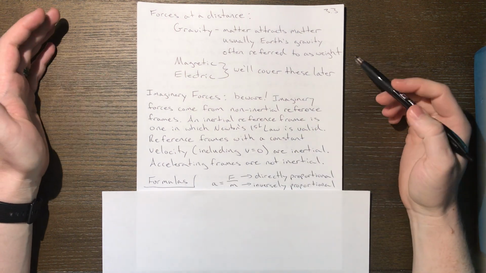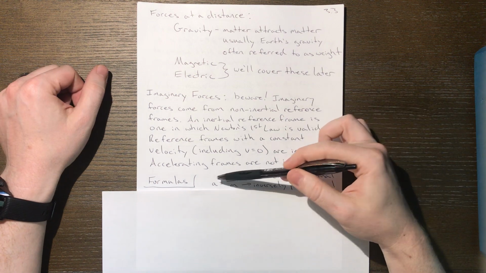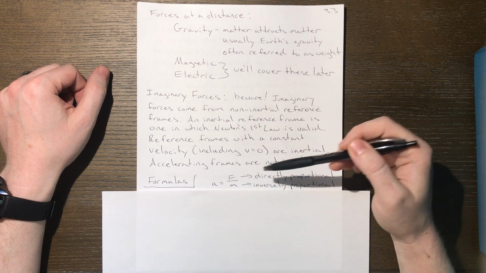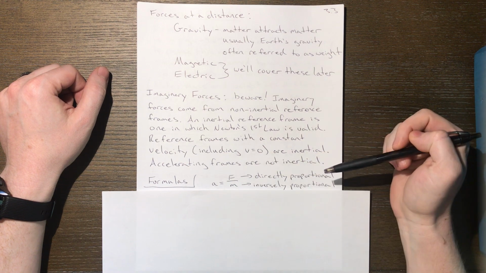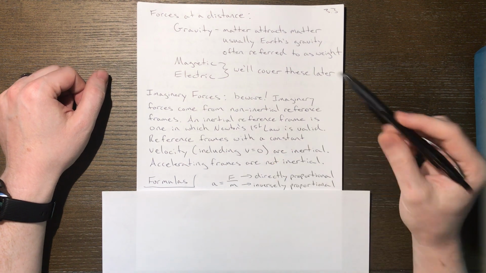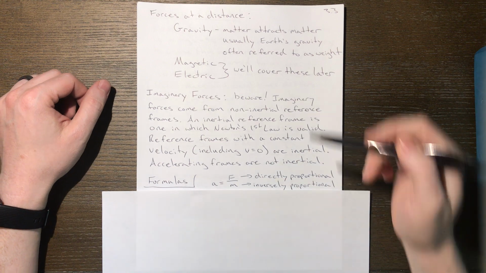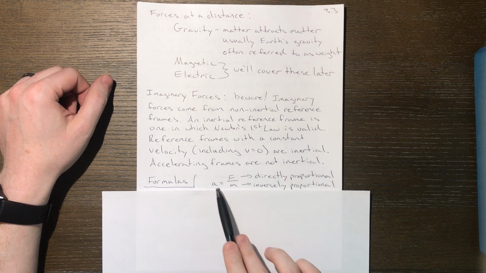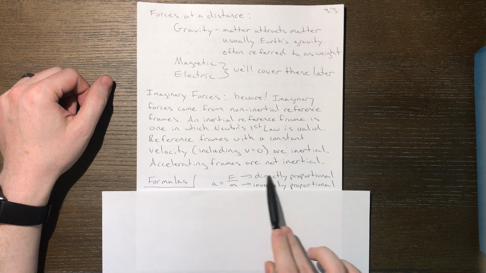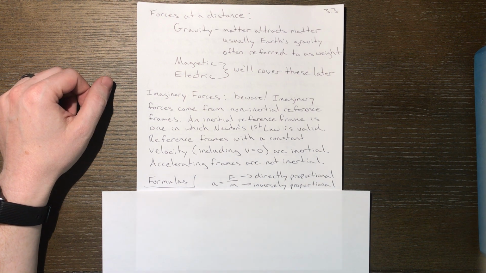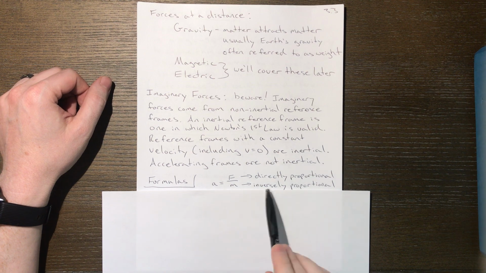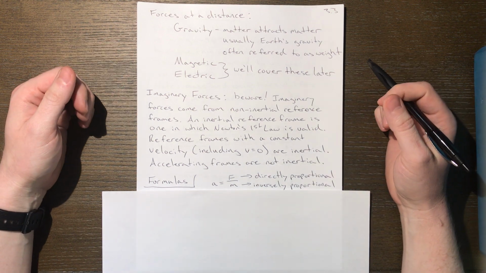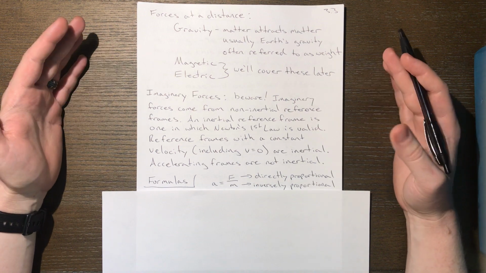And inversely proportional to the mass. So the mass is on the other side of the equation, but on the bottom. So if the mass were to increase, it would decrease the acceleration. Now, this relationship, the type of relationship between A and F, directly proportional, and the type of relationship between A and M, inversely proportional, these types of relationships will show up again and again in physics and in math.